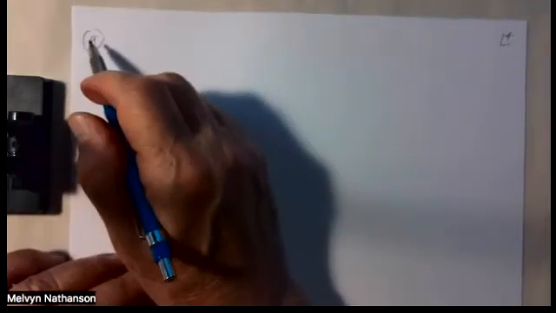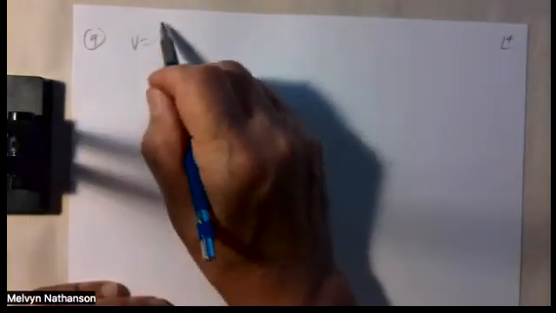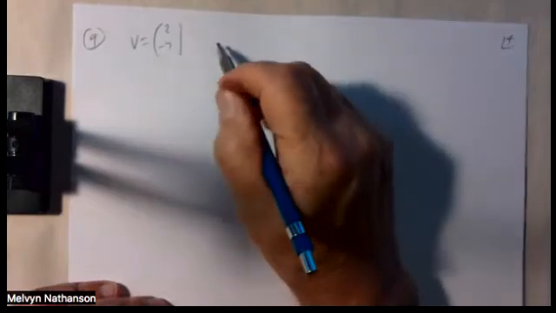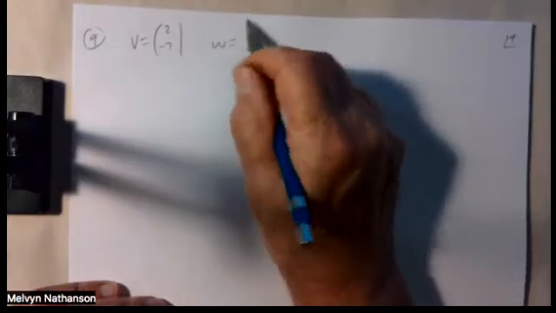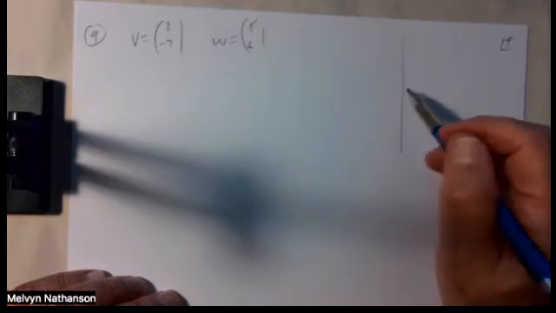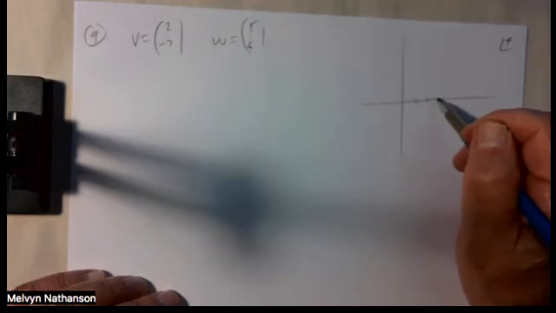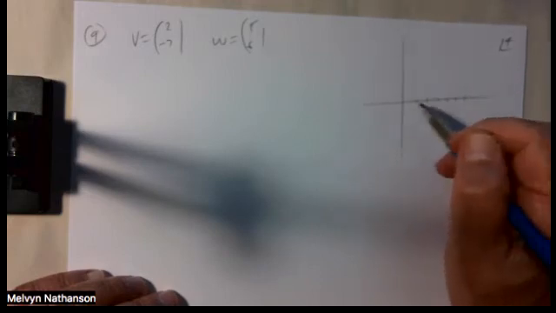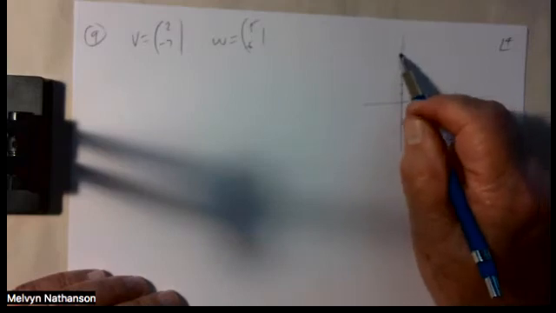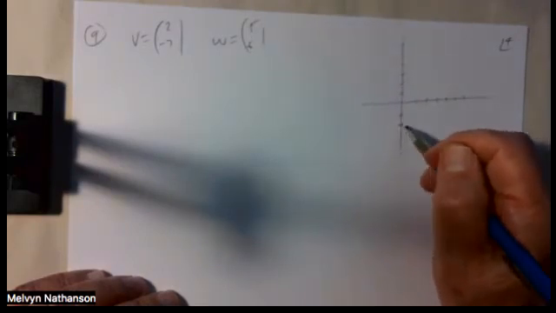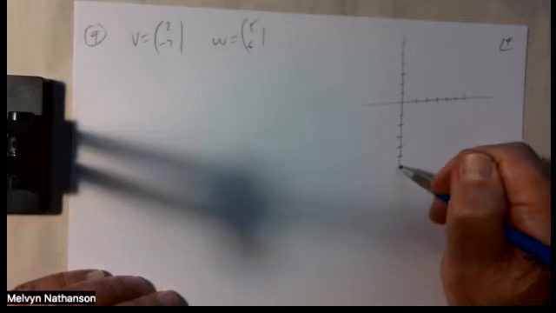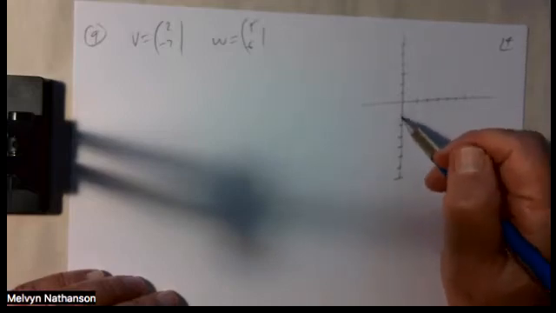So in problem 9, we have the vector V, which is 2, minus 7, and the vector W, which is 5, 6. So we were going to sketch these vectors.